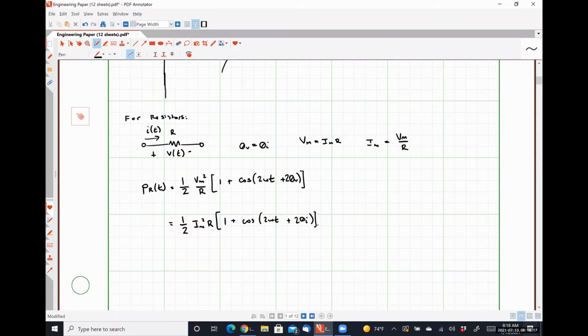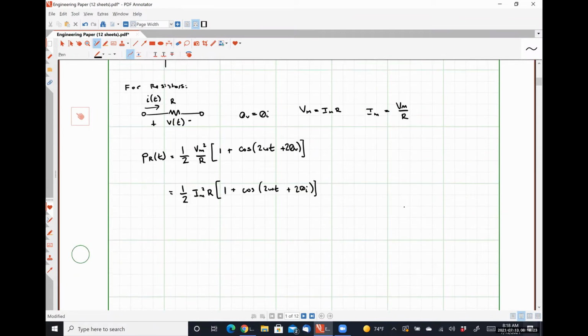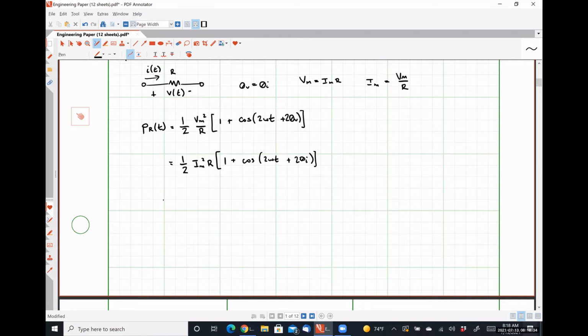All right, so let's think about it real quick. Intuitively, sure, probably makes sense, or I wouldn't have told you. But if we were to look at the power absorbed by a resistor graphically, what we would observe is something that looks like this.